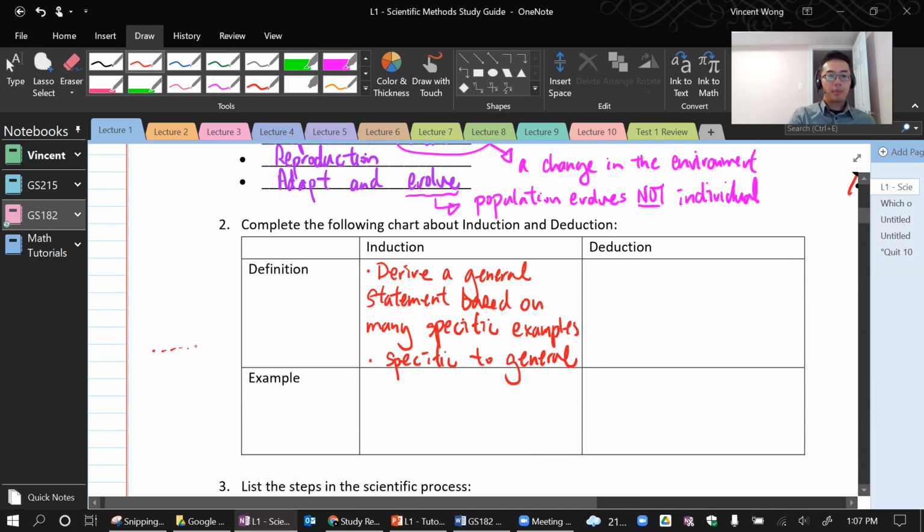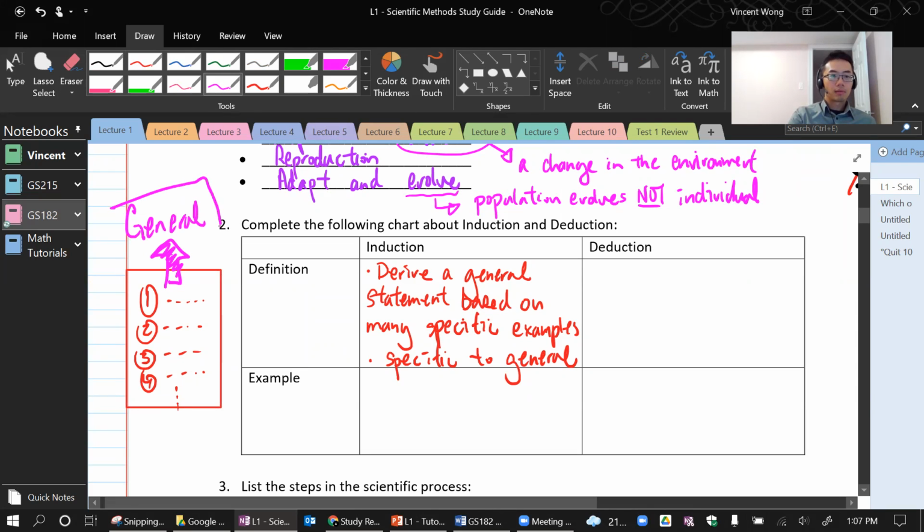So you take many small observations, like one observation, two observations, three observations, four observations, and many more. You take all of these, and then you come up with a general statement, a generalization. A simple example would be something like this. Fish are made up of cells.